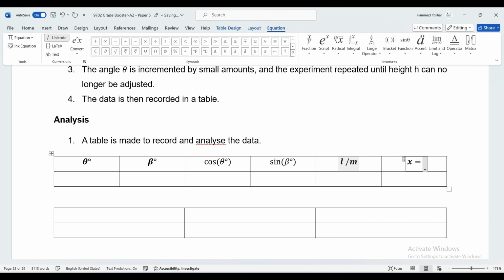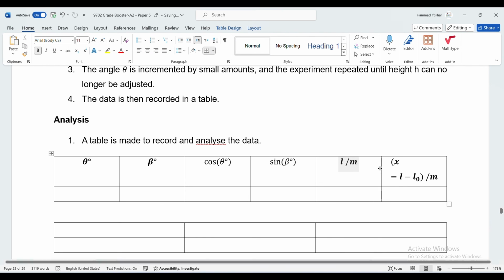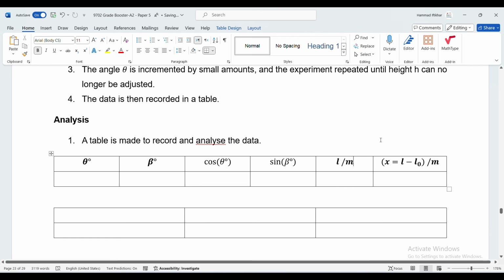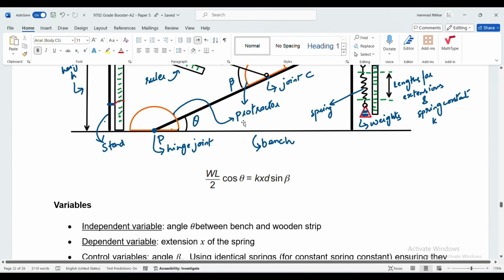Now extension x can be L minus L naught in meters. So we can just write per meters for each extension, basically. The units are very important over here. Okay, so is there anything left over here? No. Okay, all right.